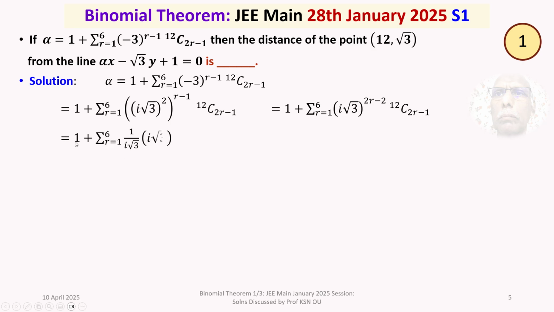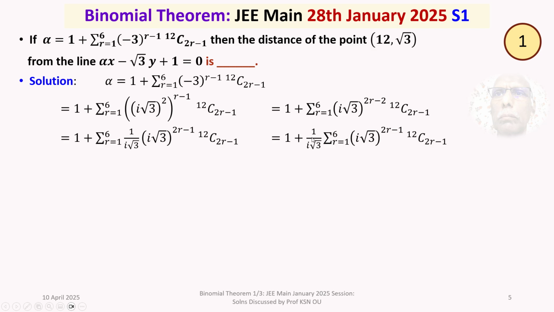So that is equal to 1 plus sigma r is equal to 1 to 6. In this, (i root 3) to the power of 2r minus 2, one (i root 3) to the power of minus 1 is taken out. That will be 1 by i root 3. What will be left? The leftover is (i root 3) to the power of 2r minus 1, 12C(2r minus 1). So 1 by i root 3 will be a constant. It will come out.